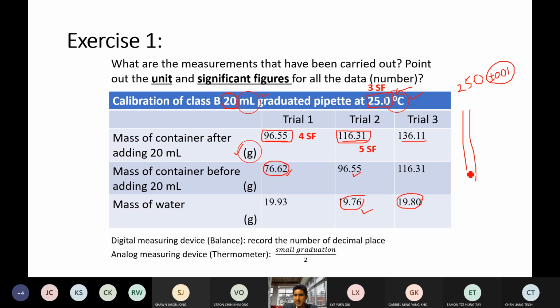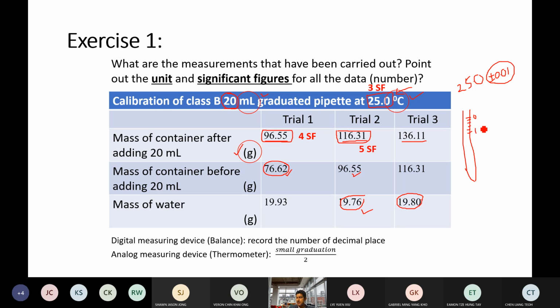There the graduation is, this is 0 degree, then this is 1, 2, 3, 4, and then 5, right? So this is 1 degree and this way.